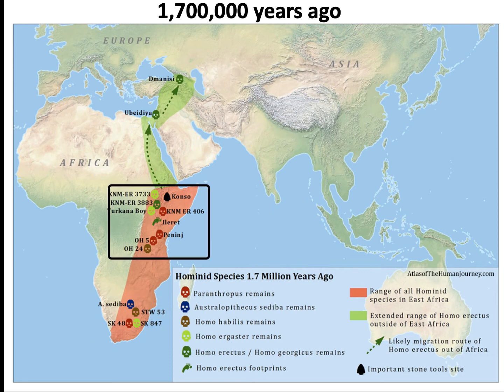Further north, you get most of those except Australopithecus, and a new species appears, and that's Homo erectus. And furthermore, other skeletal remains have been found up in northeastern Africa, in parts of the Arabian Peninsula and the Middle East. So they were migrating already at that time, 1.7 million years ago.